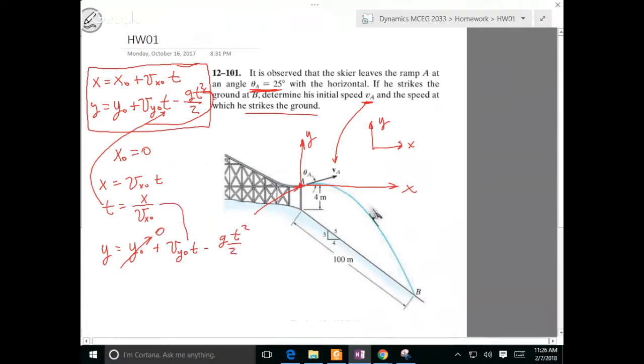But then replacing this in that one, you get y is equal to v y naught over v x naught, and then you have an x right there, and then minus, you have to be very careful here, g over 2, x squared over v x naught squared. I think I did an okay job.